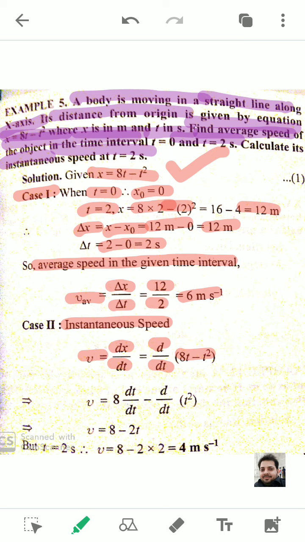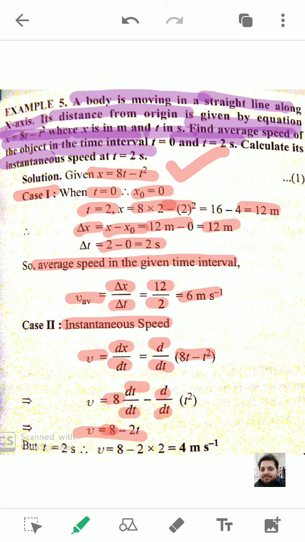Apply the derivative rule. 8 constant outside, d by dt of t minus d by dt of t square. Apply the power rule. 8 same, t to the power 1: power comes forward, power minus 1, t to the power 1 minus 1, t to the power 0, something to the power 0 is 1. That's why dt by dt, you get 1. For t square, power rule, power forward, power minus 1, so 2t to the power 2 minus 1. So we write 8 minus 2t, that is the speed.